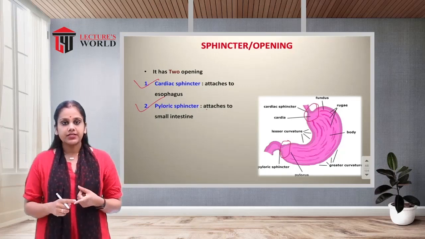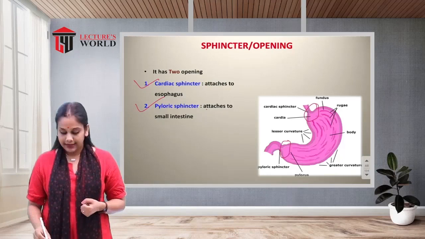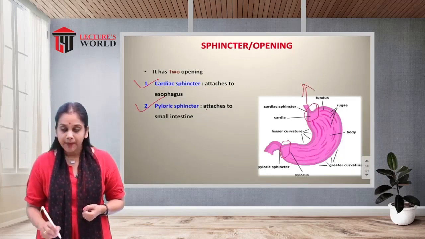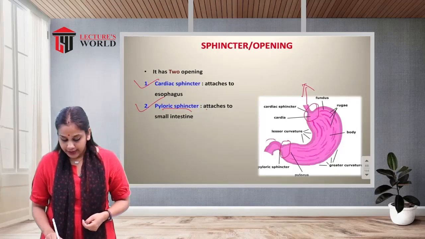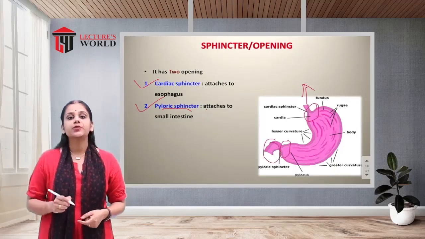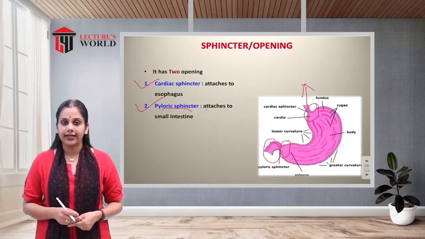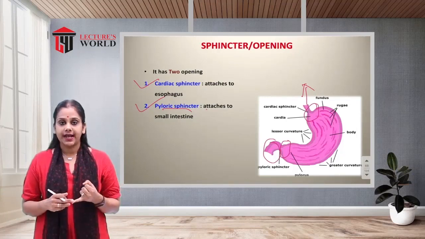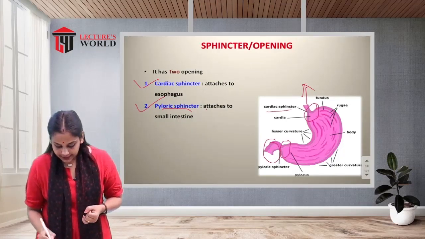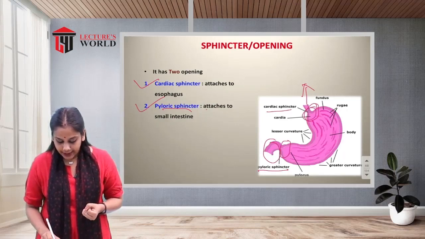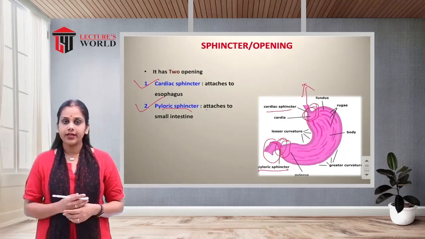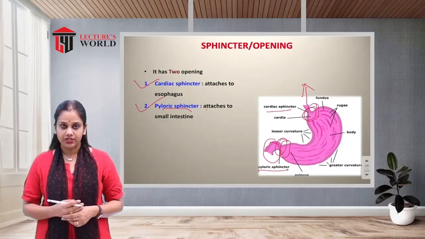The cardiac sphincter attaches to the esophagus at the upper side, and the pyloric sphincter attaches to the duodenum, the first part of the small intestine. Cardiac sphincter here and pyloric sphincter here.